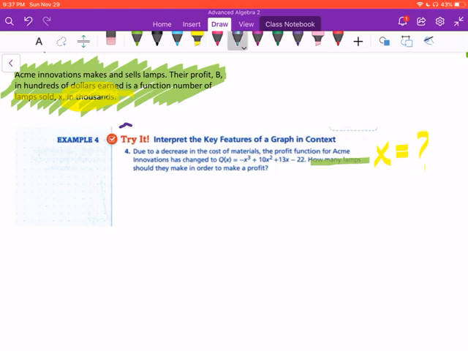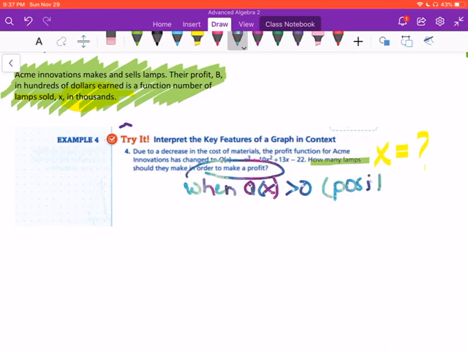You make a profit when that profit is greater than 0. So when Q of x is greater than 0, in other words, another way to say that is positive. Okay, so let's grab Desmos.